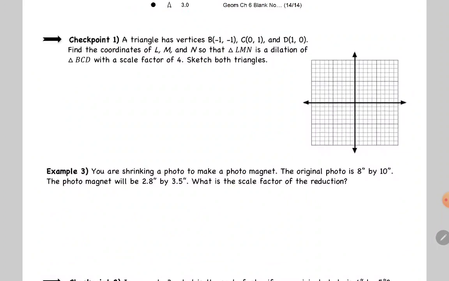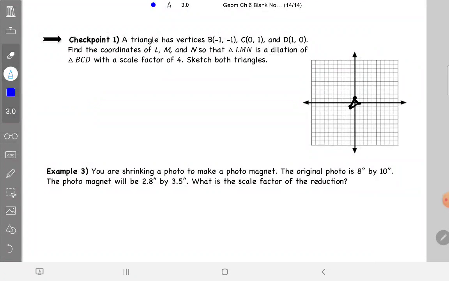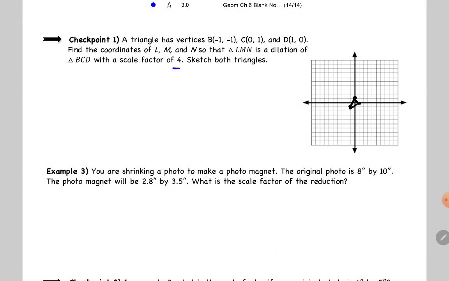Alright, checkpoint 1. Sketch both triangles, okay? So BCD, B is -1, -1, C is 0, 1, and D is 1, 0. This is really tiny. Boom, boom, boom. And then we're going to enlarge this by a factor of 4.